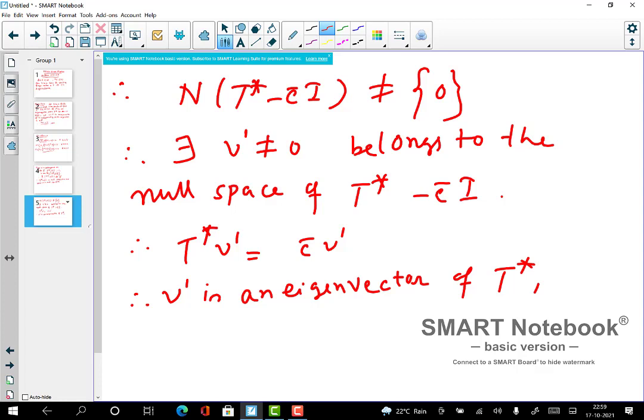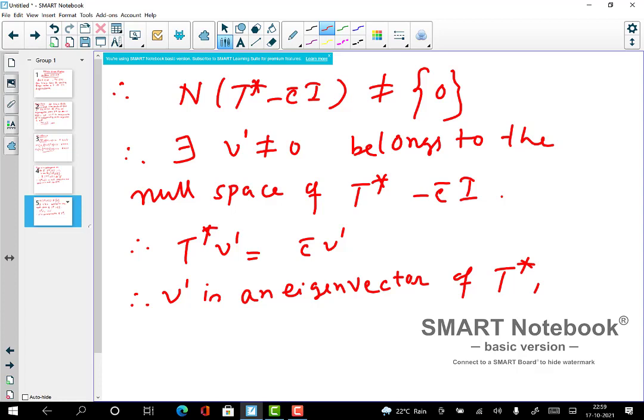Now the next theorem is a very important theorem, and it tells you the sufficient condition for something called triangulation of a linear operator on an inner product space.